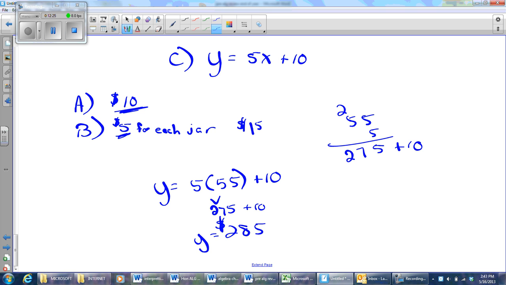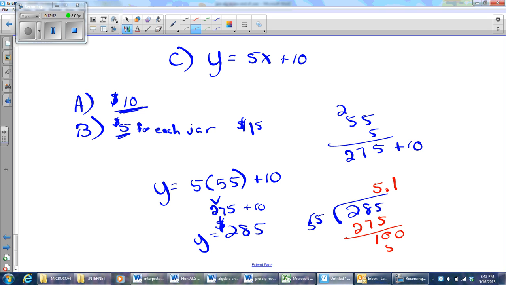By the way, if you take your calculator and divide 285 by 55, you can see what the price per jar comes out to be when you absorb that membership cost. Let's see, 5, 4, 5, I'm thinking, yeah. 275. Okay.